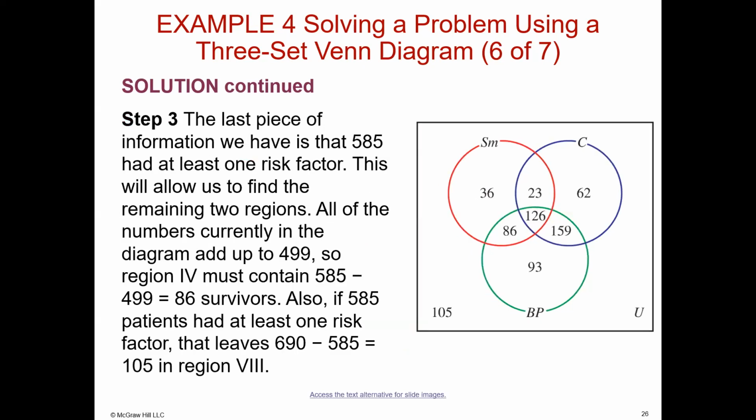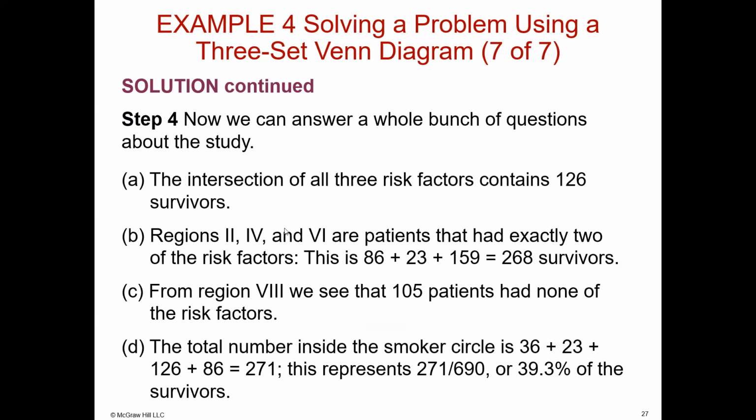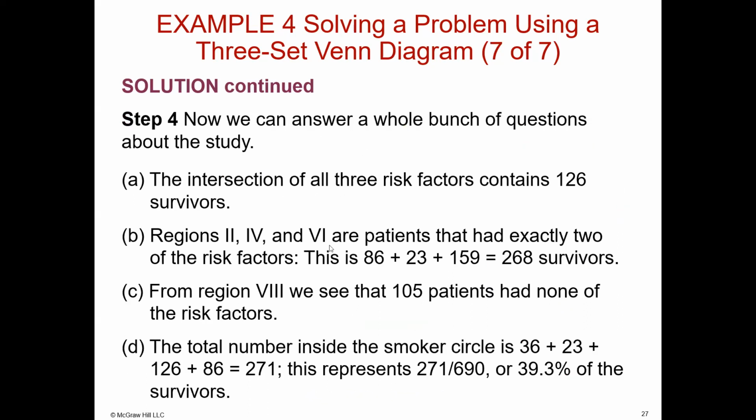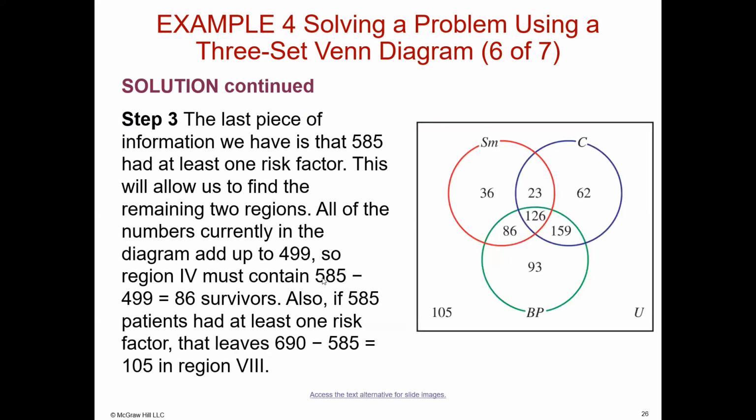All right. Now we can answer the question. How many people had all three risk factors? 126. All right. How many patients had exactly two of the risk factors? Exactly only two of them.